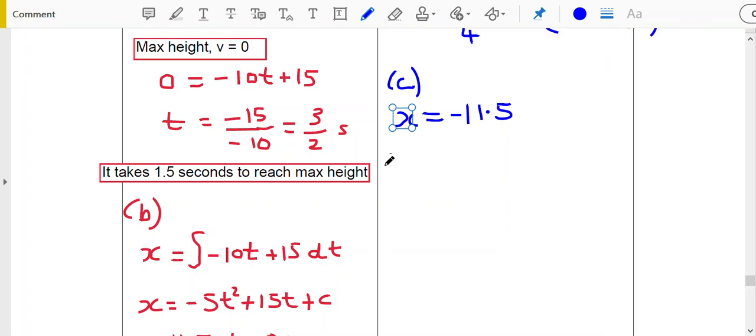So I want to solve, when does negative 5t squared plus 15t plus 11.5, when does that equal negative 11.5?